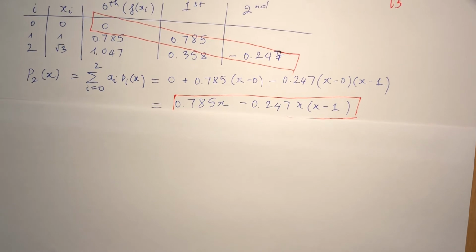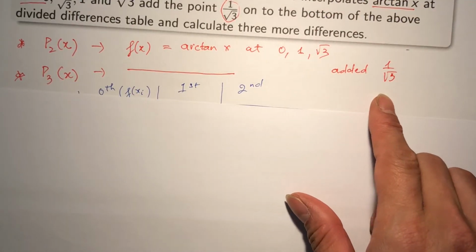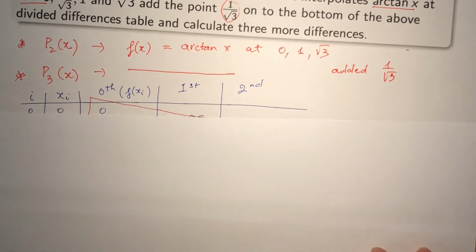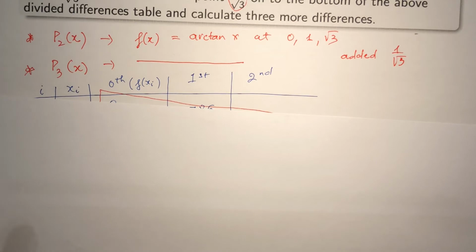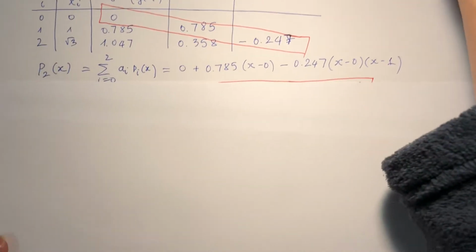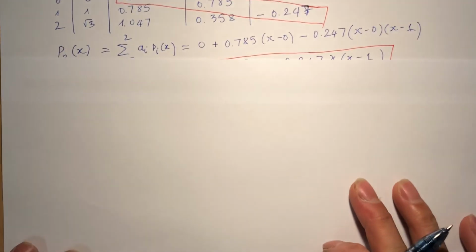Now the second part we need to do is we add a point 1/√3 at the bottom of the table. Right. So the table is already here. We added another point.